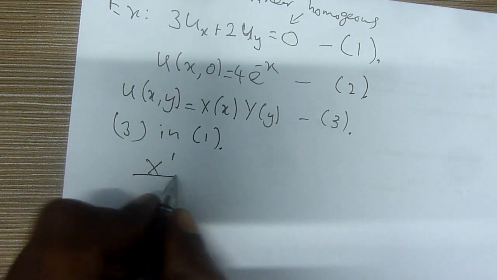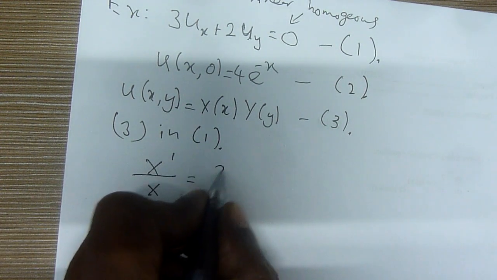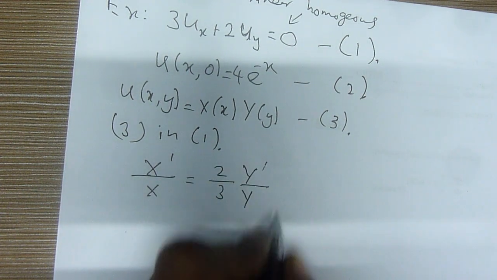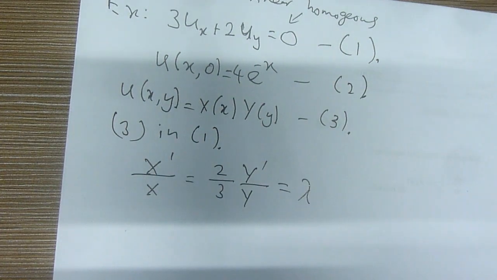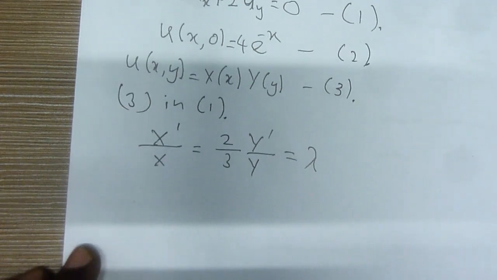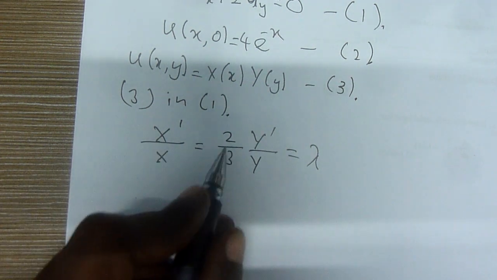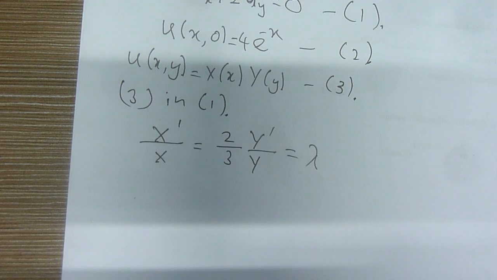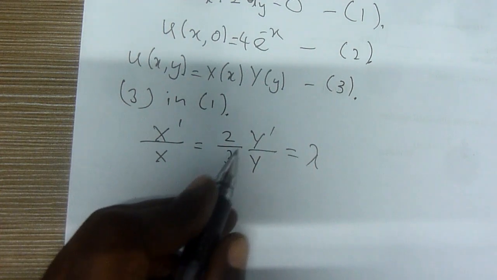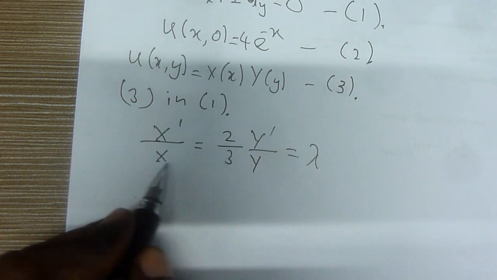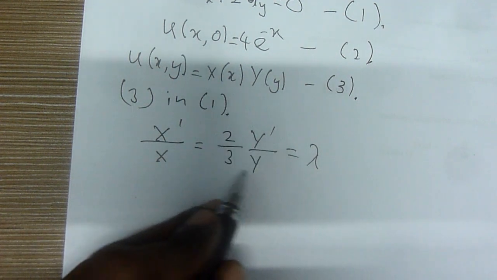I just do some manipulation, therefore I can put it here as lambda. Some of you may say, sir, can I bring this 3 over 2 here? No problem, you can use it anywhere, as long as this constant is not disturbing the whole equation.